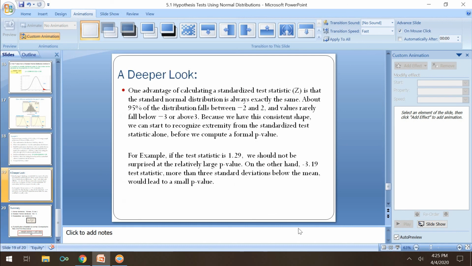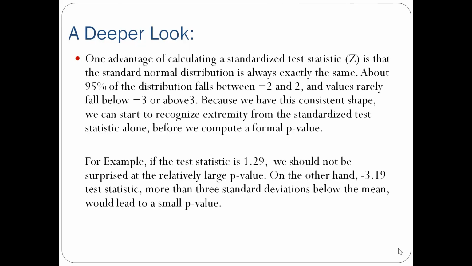Now, one last deeper look before we end this section. I need you to keep this in mind. We will go over it again in 5.2. But in general, whenever you are finding the Z-score, remember when we talked about the 95 rule? The 95 rule is always between -2 and 2 for Z-score. So we know if we are getting something larger than that, then we will get extreme values.